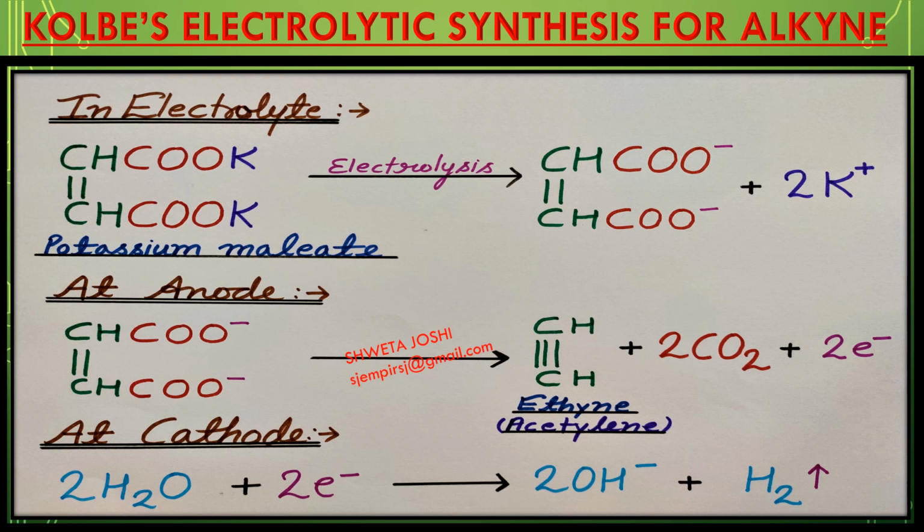Negative ion will move to anode and there it will lose 2 electrons and 2 moles of CO2, producing ethyne as the main product. And at cathode, 2 moles of H2O, upon electrolysis, will yield 2 moles of OH- and hydrogen gas. So hydrogen will be liberated at cathode.